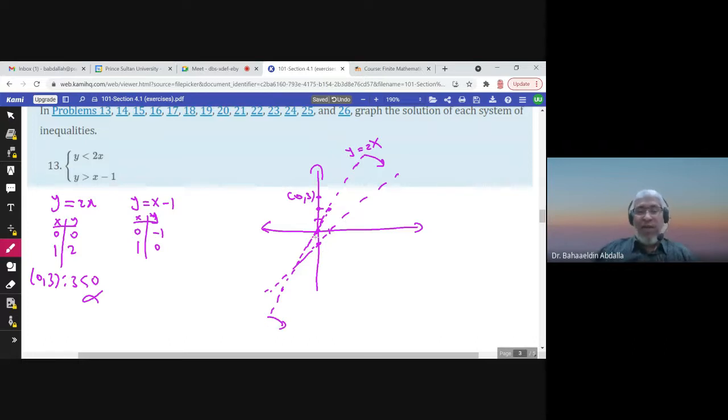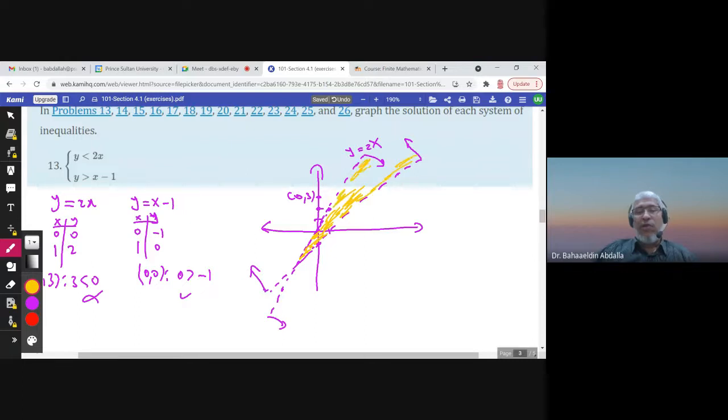While for the other line, I can choose 0, 0 because it's not on the line. So 0, 0 is my test point. And 0 is greater than 0 minus 1, minus 1. Is 0 greater than minus 1? Yes. So the graph is here. Okay. So where is this region? Well, the region would be this region, and everywhere else.